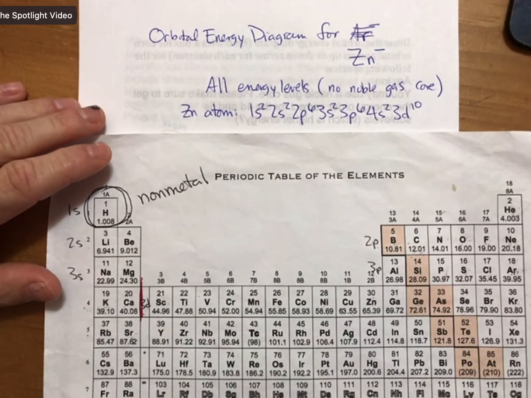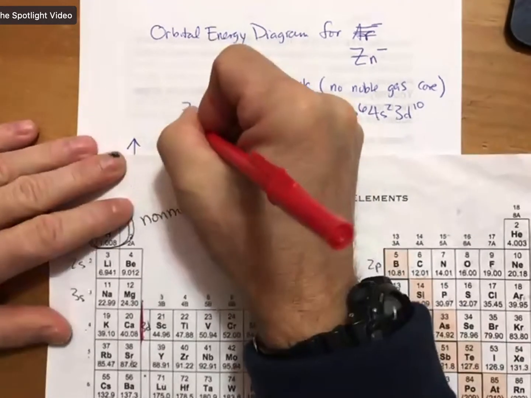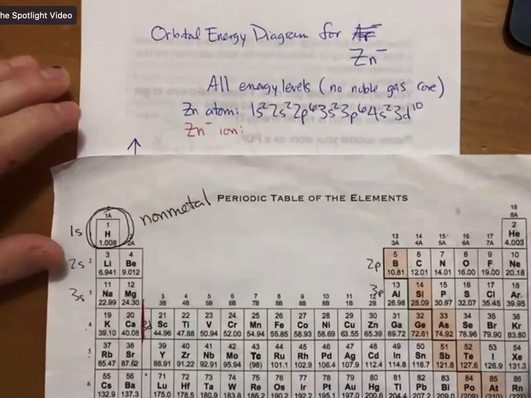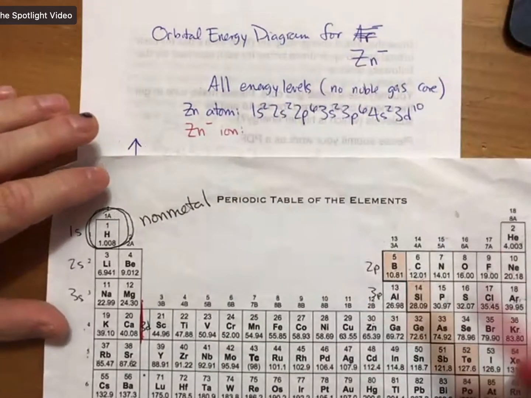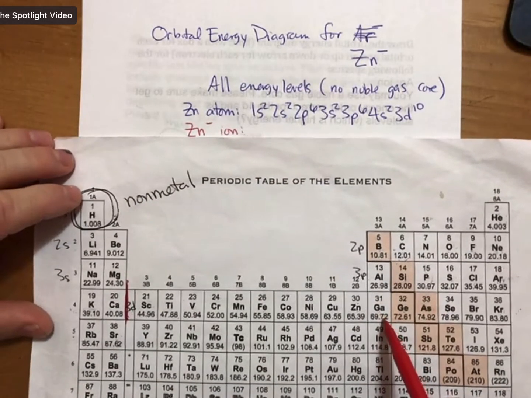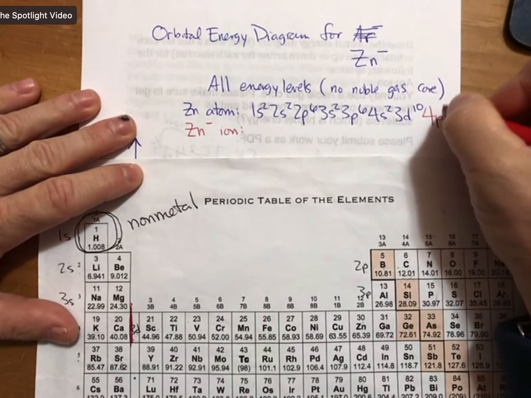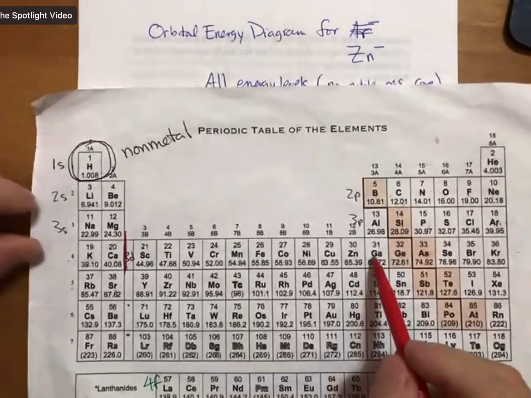Now we're going to change that for the zinc ion, the zinc minus. For the zinc minus ion, we're going to add 1 electron. There's nothing to do except put it into the 4p area. And we know it's 4p. Maybe I haven't talked about this.